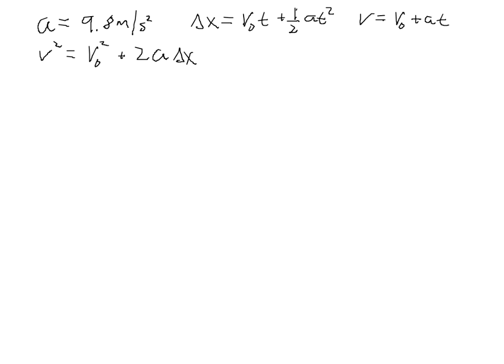Okay, now it turns out that in freefall we can use the fact that the acceleration is always 9.8 meters per second squared to solve some problems that you otherwise might not be able to solve. For example, let's say we drop a rock off of a bridge, and it takes 1 second in order to hit the ground.